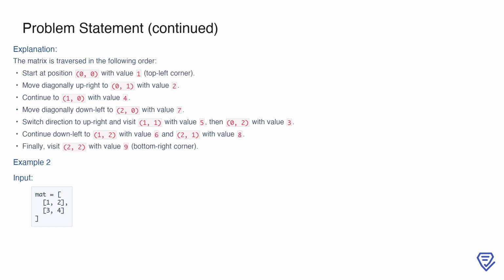At this point, we switch directions again to move up-right, visiting position 1, 1, with the value 5, followed by 0, 2, with the value 3. From there, we go down-left, visiting positions 1, 2, and 2, 1, with values 6 and 8, respectively. Finally, we reach the bottom right corner at position 2, 2, which has the value 9. This completes the traversal for this matrix example.